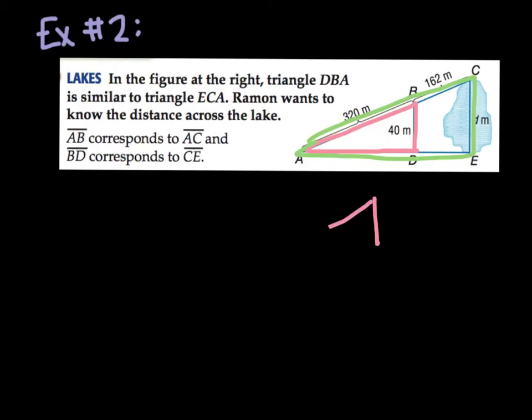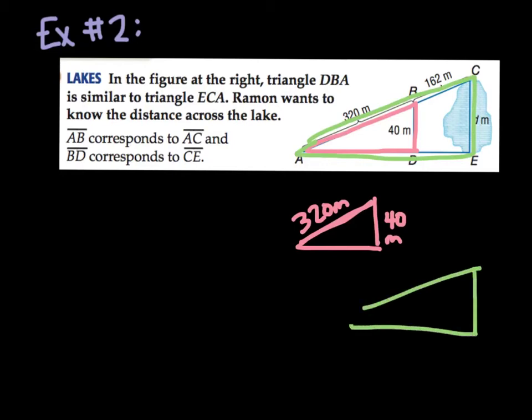So here we have our pink triangle. That had a height of 40 meters. And I can just tell that from looking at the picture. And then the hypotenuse was 320 meters. And then I have my green triangle, which we'll draw here.